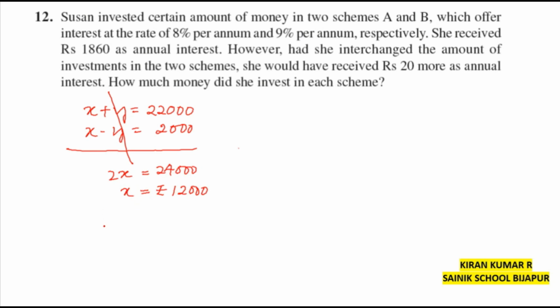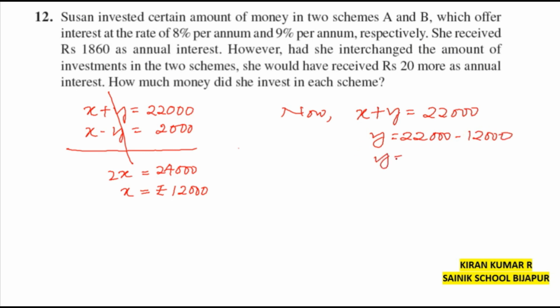Once the value of x is obtained, I can find the value of y. I'll just consider any one of the equations. Let me take x plus y is equal to 22,000. Y will be equal to 22,000 minus 12,000. Upon simplification, the value of y becomes rupees 10,000.